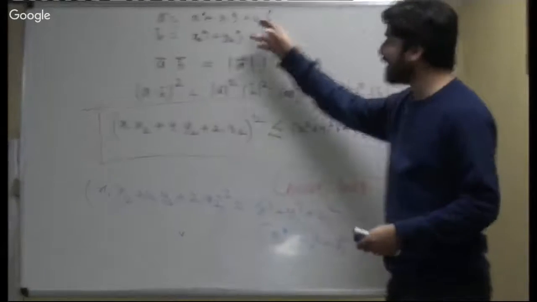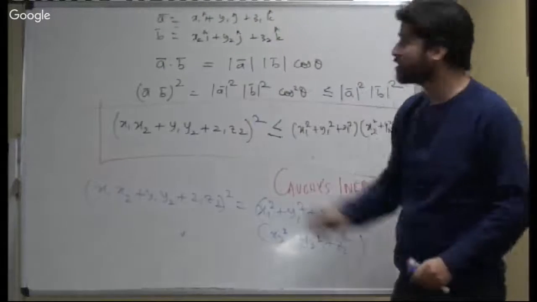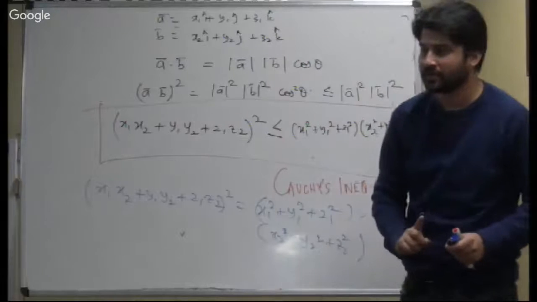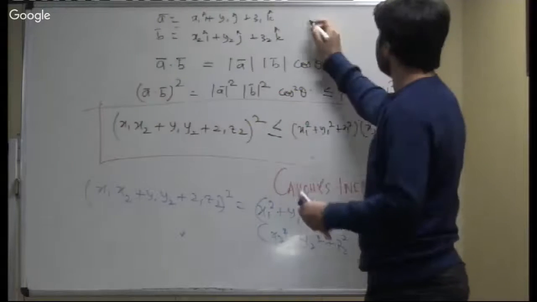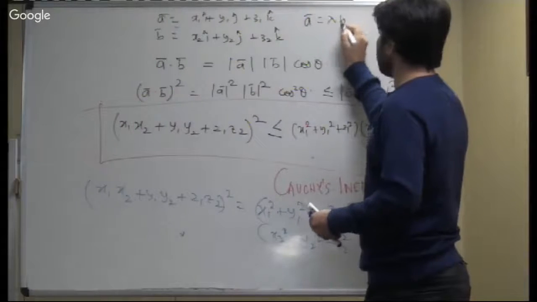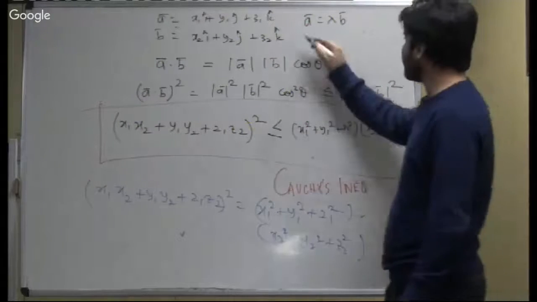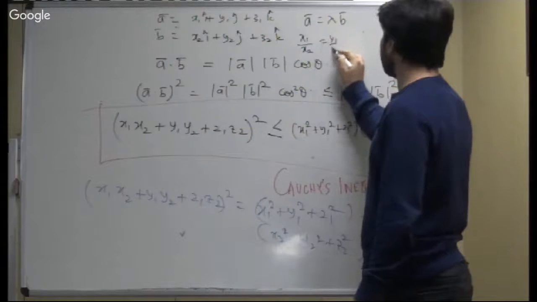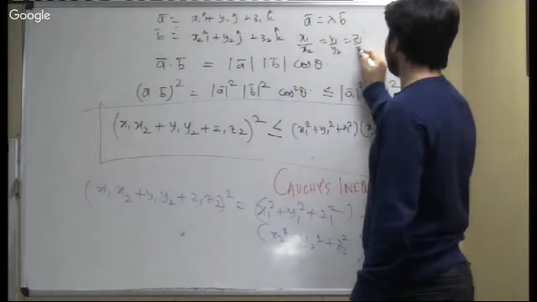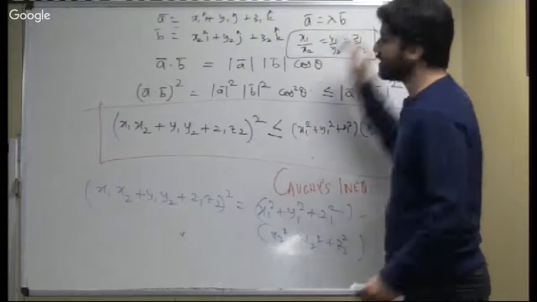We say A and B are parallel vectors when A is equal to lambda B, so I can say x1 by x2 is equal to y1 by y2 is equal to z1 by z2. This is going to be my answer.